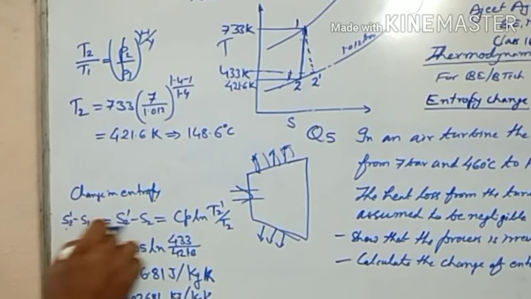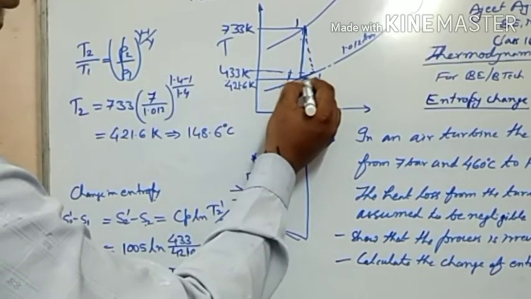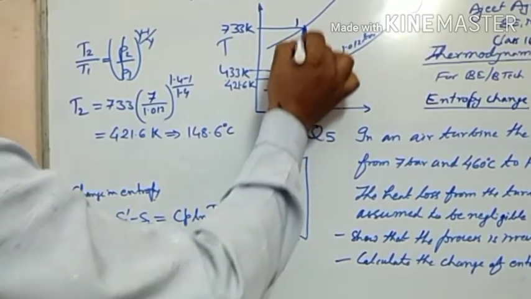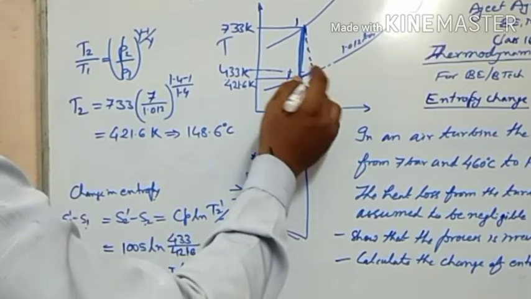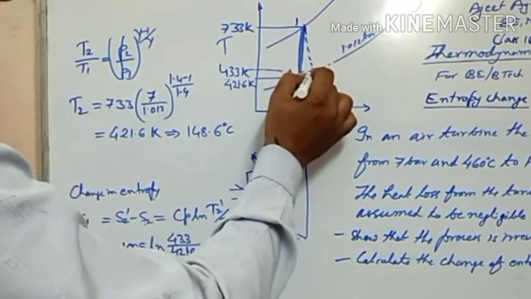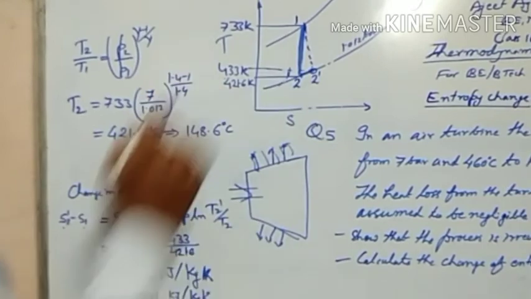So now we are finding out the change in entropy during this process, because in the 1 to 2 process there is no change in entropy. Only in this process there is a change in entropy. So if we find this change in entropy, then it will be the total change in entropy from this state to this state.